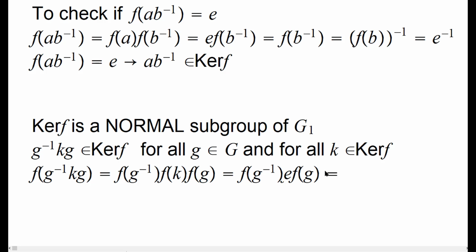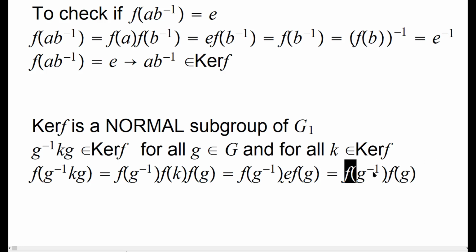So the identity will just drop off, because it doesn't matter which way we take it. This is F of g and this is F of g inverse, right? So this becomes this.